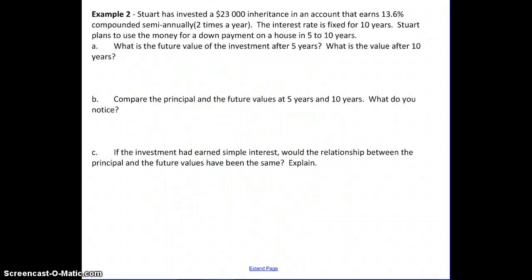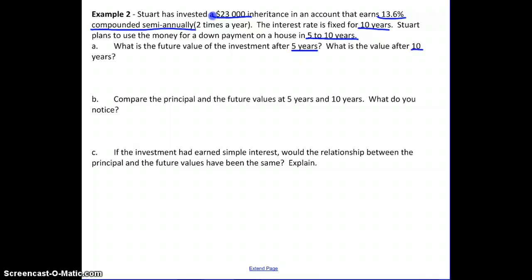All right, so example 2, we've got Stuart who has invested $23,000 of an inheritance in an account that earns 13.6%. That's a lot of percent. And that's compounded semi-annually, so 2 times a year. The interest rate is fixed for 10 years, and he plans to use the money for a down payment on a house in 5 to 10 years. So we want to compare the amount he'll have after 5 years to the amount he'll have after 10 years.